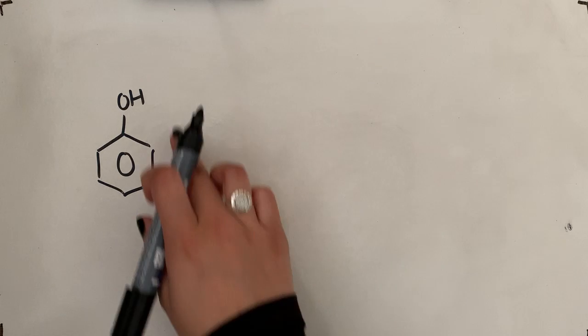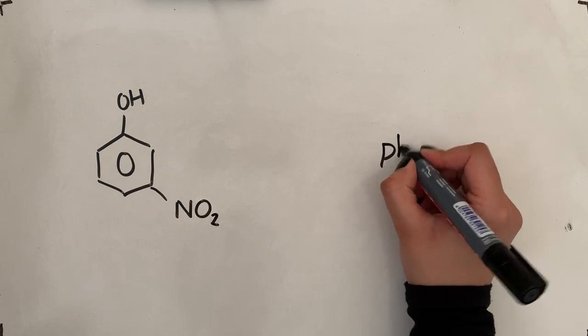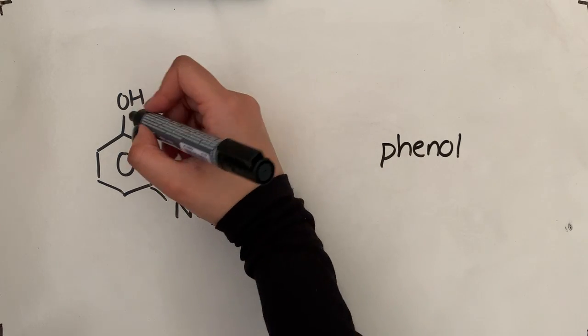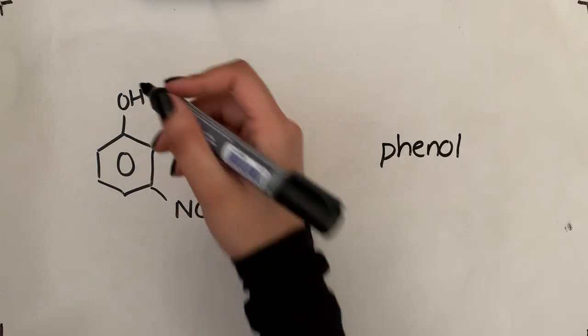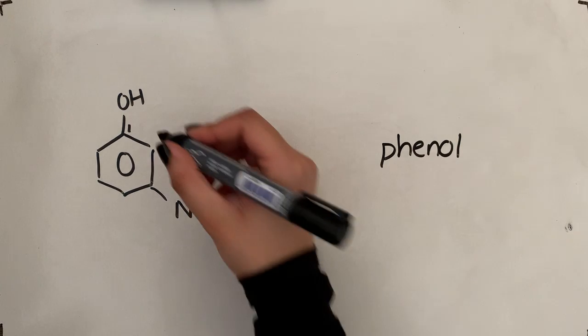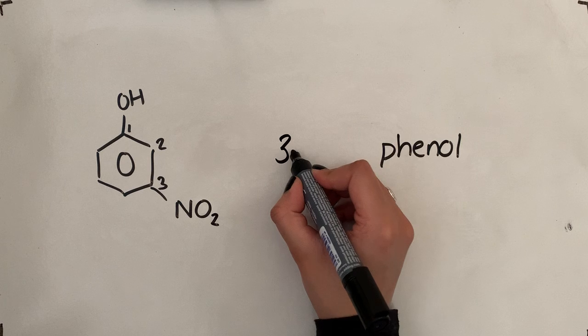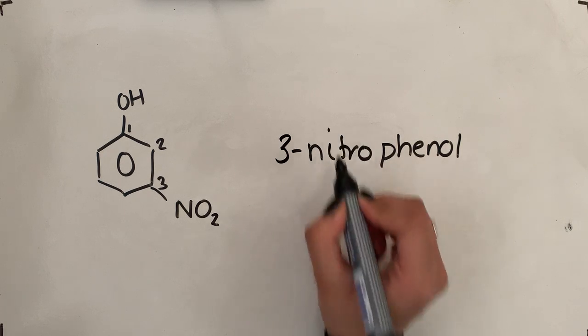So the parent name goes at the end, so this is ending in phenol, and always when the phenol is the parent compound, the OH is attached to carbon number 1, and therefore this compound here is called 3-nitrophenol.